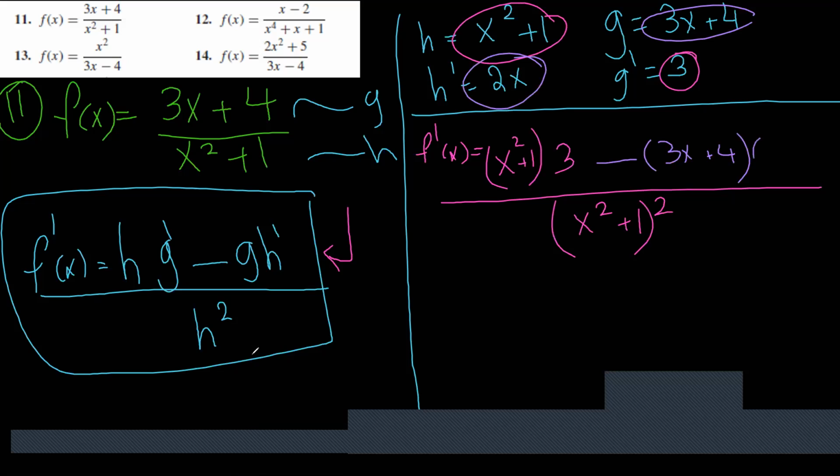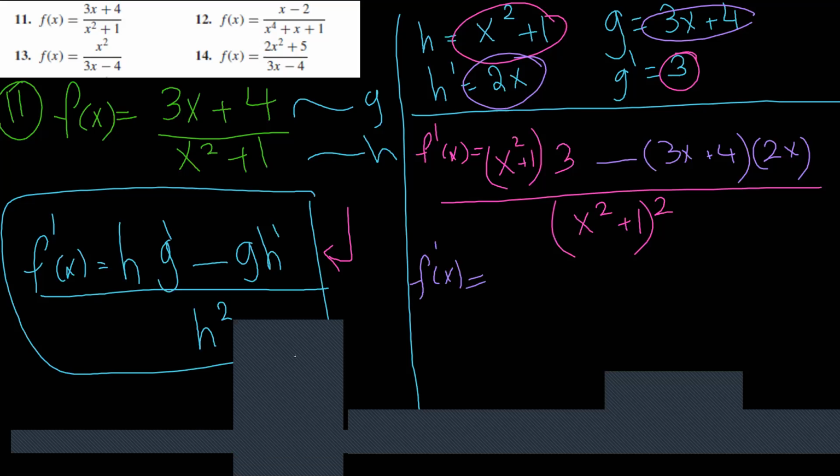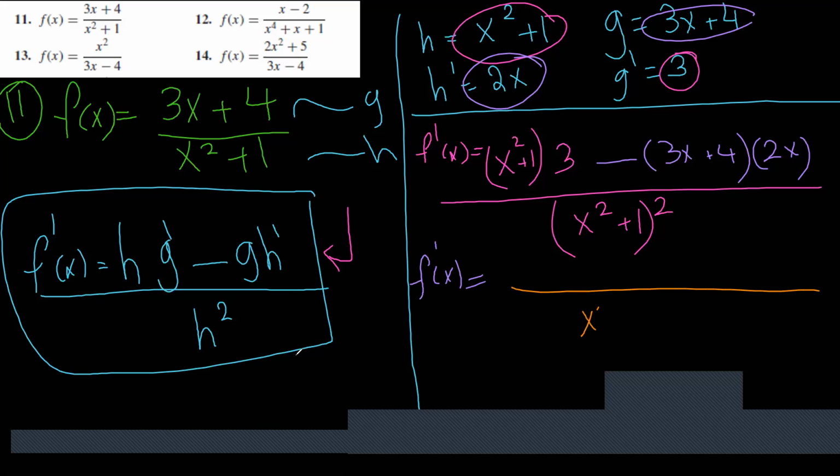It is 2x. Then I will simplify now. 3 times x squared is 3x squared plus 3, minus 2x times 3x is 6x squared, 4 times 2x is 8x.